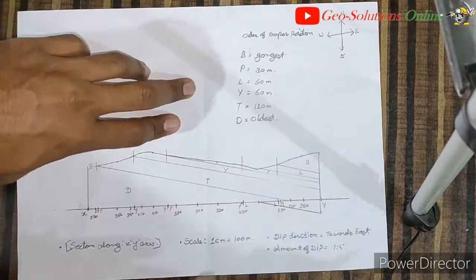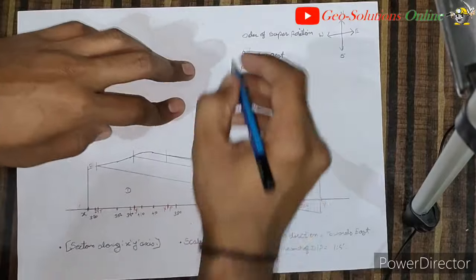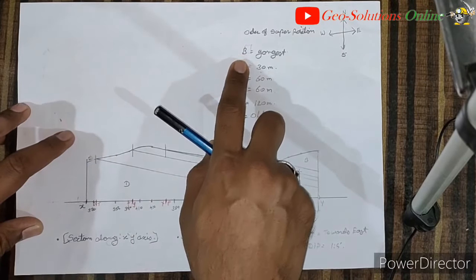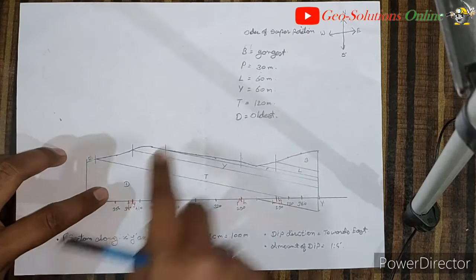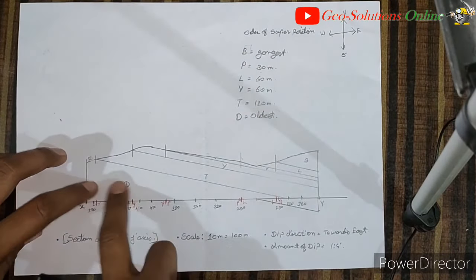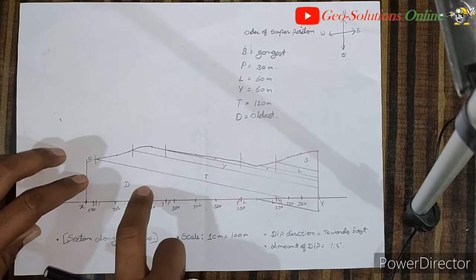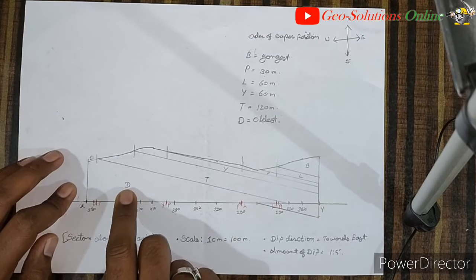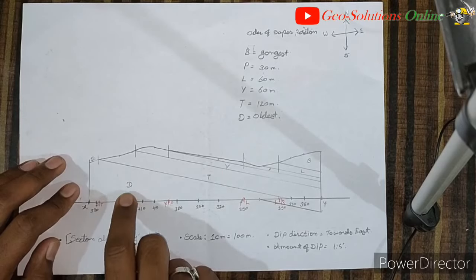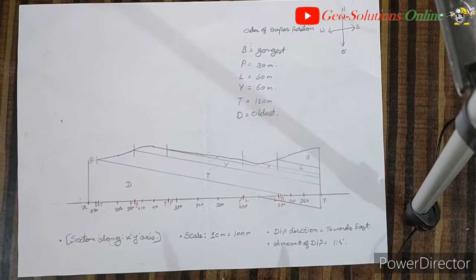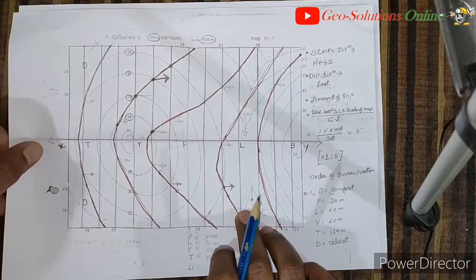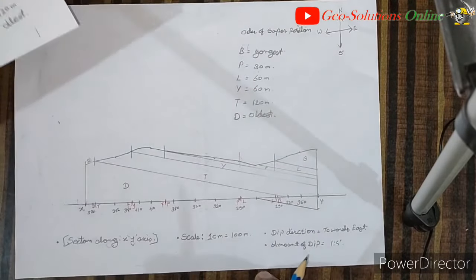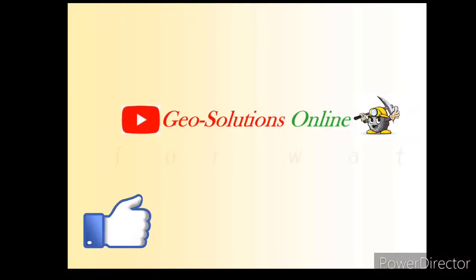Okay, so this is your order of superposition. You can demarcate this by different colors for different beds, in the index as well as in the section, or you can draw some symbols. So in this way we had completed our interpretation of map number 1, as well as the cross section of map number 1.